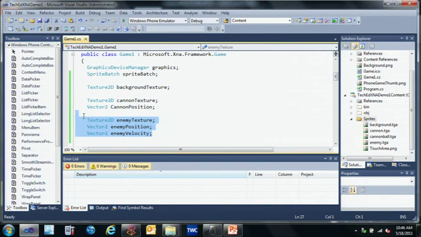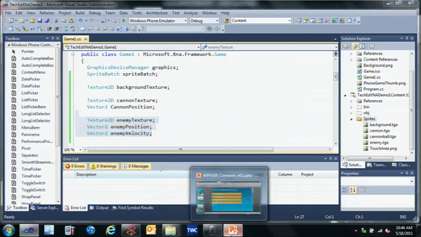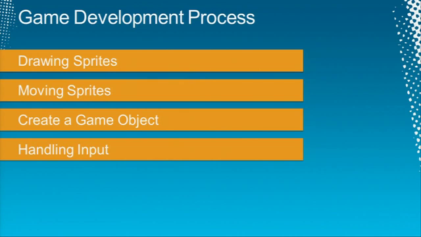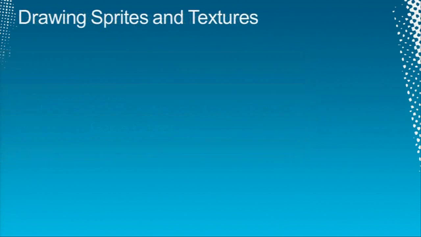So it would get really messy and redundant. There's like 1,000 blog posts out there on a game object class that you could use to build out your game to make it more object oriented. And that's really the way to go. And I'm going to show you a sample of that. That's kind of the reason why I have that as one of the key steps. And then handling input, accelerometer, touch.